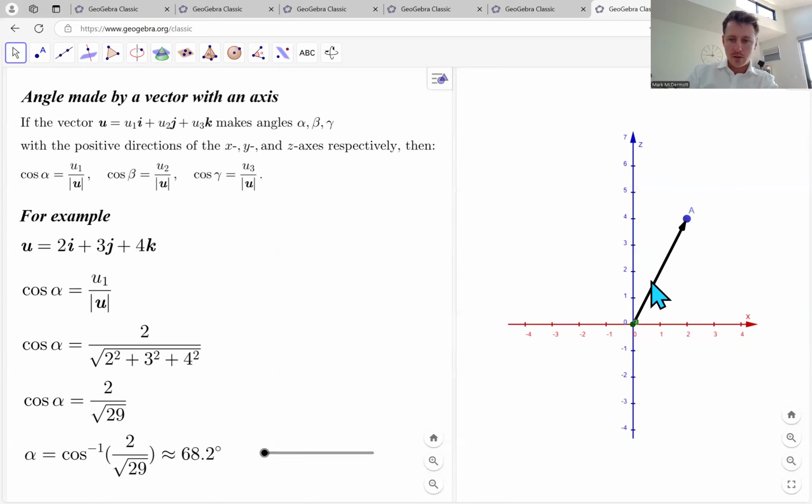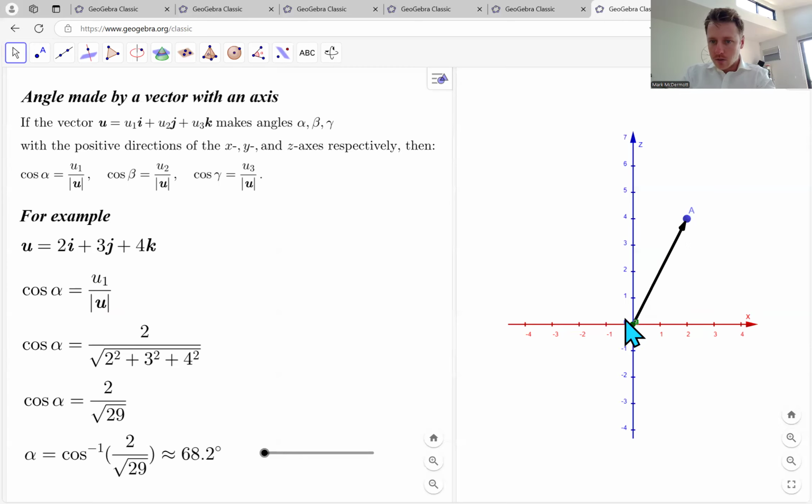So let's imagine we've got this vector, 2i plus 3j plus 4k. Okay, cosine of alpha equals u1 over the magnitude of u. And that should make sense because if we look at it from this view here, we can see that the x value is 2. And so we're going to get a right angle triangle like this.